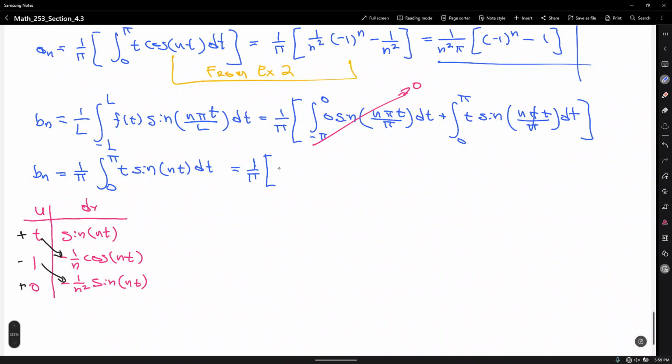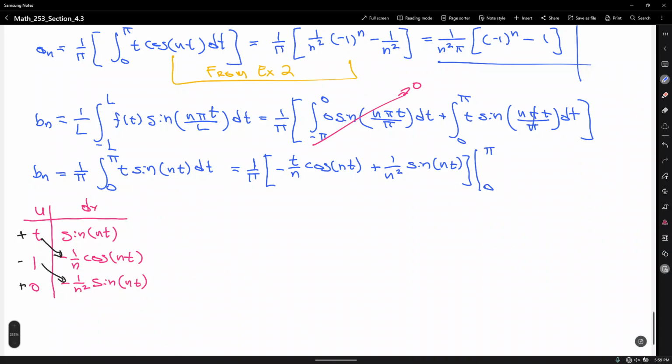So that is negative t over n cosine of nt, and then negative times a negative equals positive 1 over n squared sine nt. And we will evaluate all of this between 0 and pi.